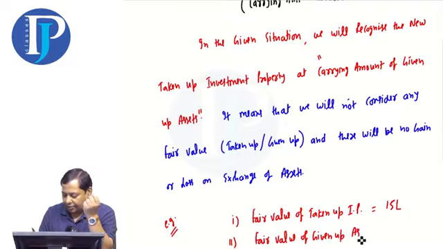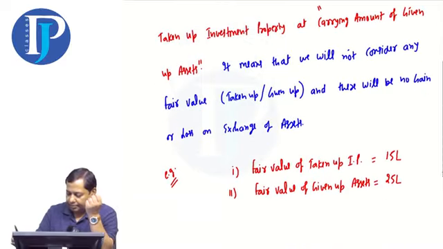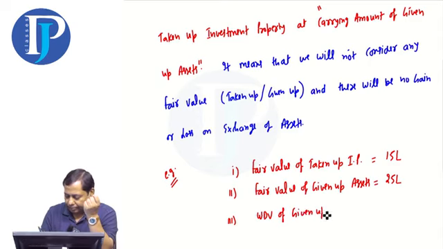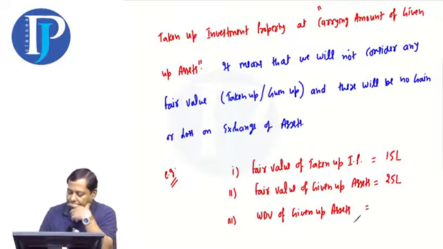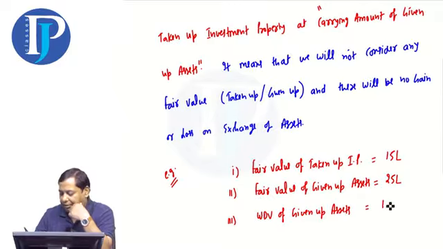Fair value of assets given up is given as 25 lakhs over here. WDV of given up assets, we will take 18 lakh rupees.